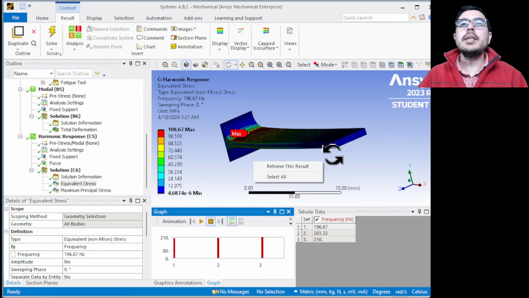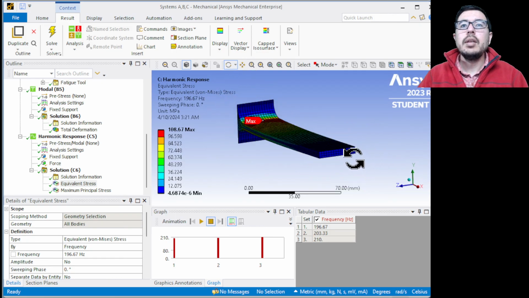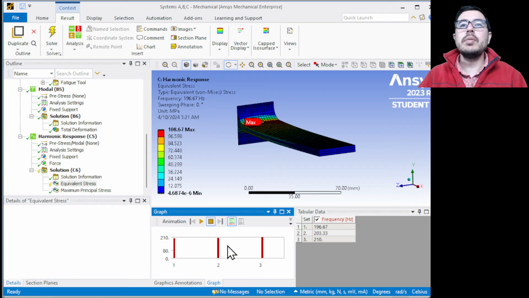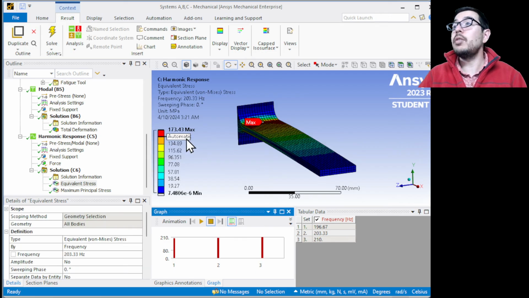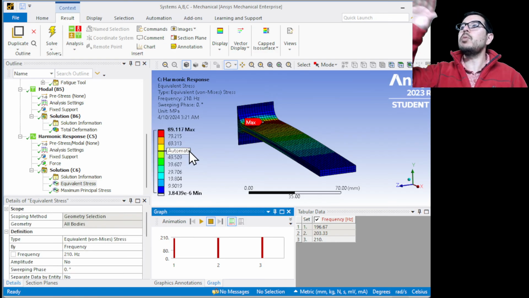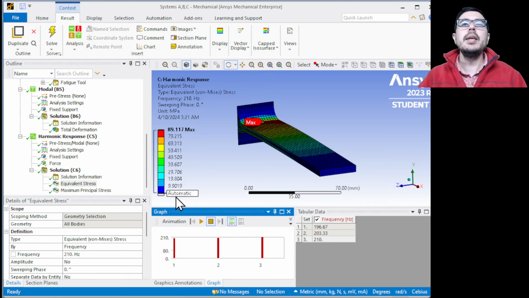We can see that the maximum stress is around 109 here. Come over here, retrieve this result. It jumped to 173 at that frequency, and if we retrieve this result, it comes back down, right? So we went through that resonance that we were seeing at about 200.